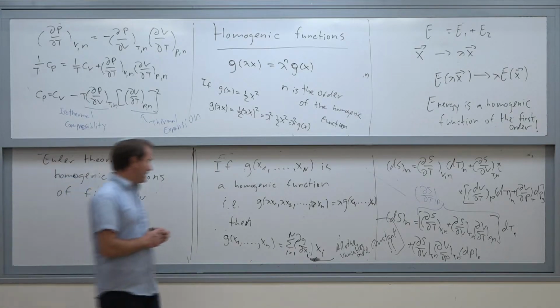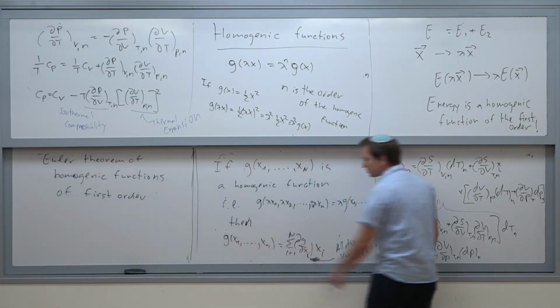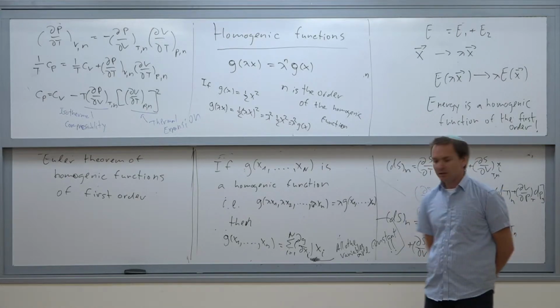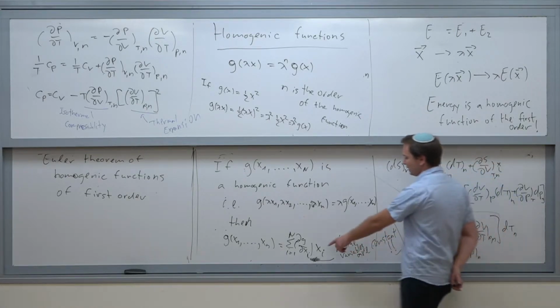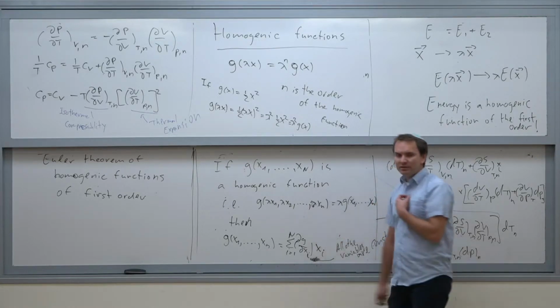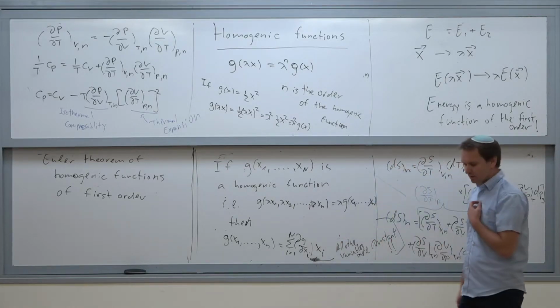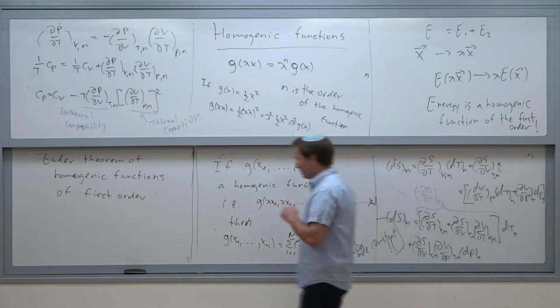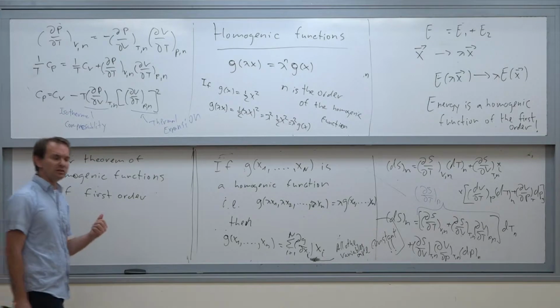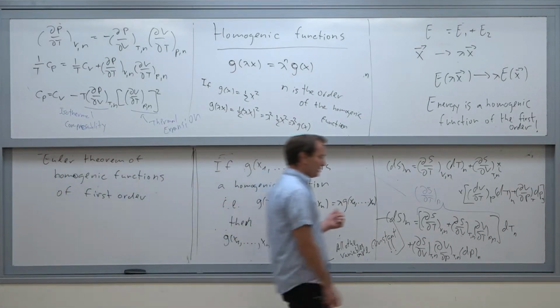The only thing that I need to know in order to describe a homogeneous function of the first order is its partial derivatives. It completely defines what the function looks like and how it behaves. And this is exactly our situation, right? Because we know what the partial derivatives are, or sometimes we can control them.